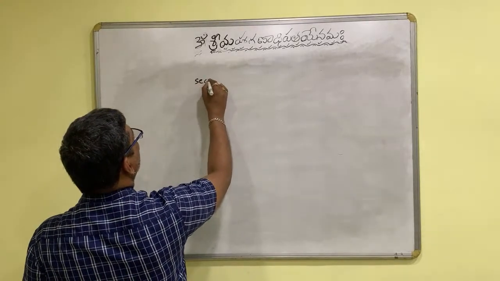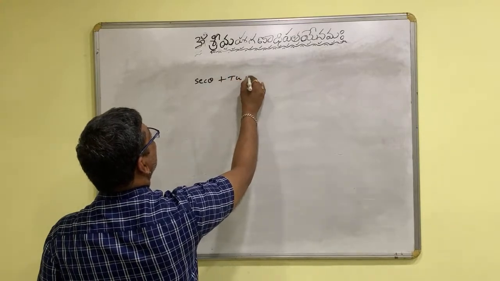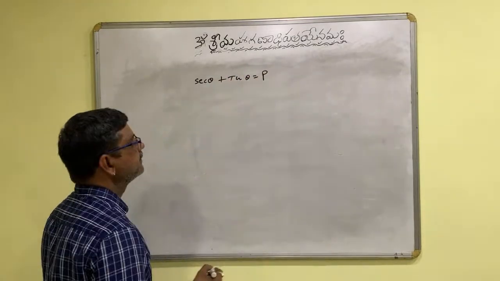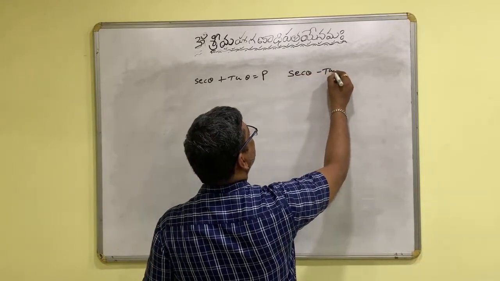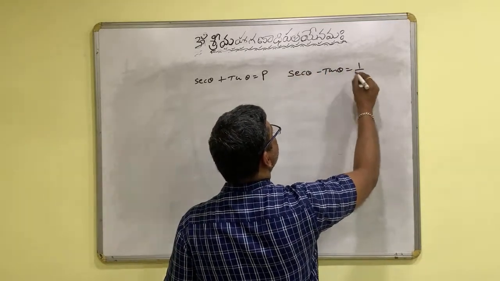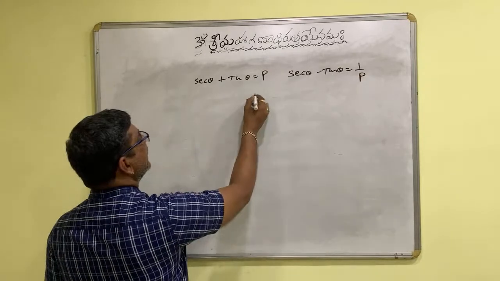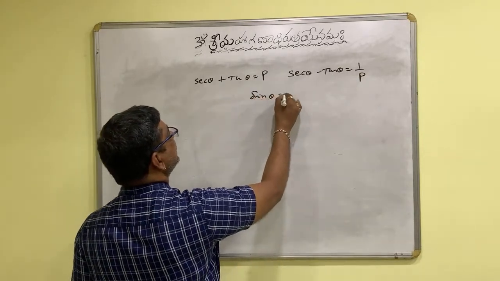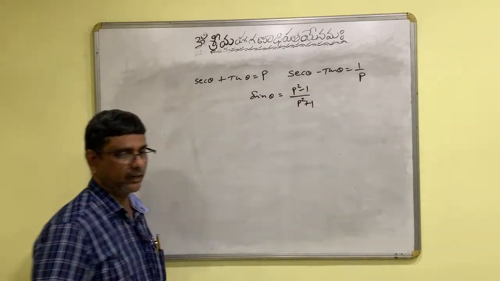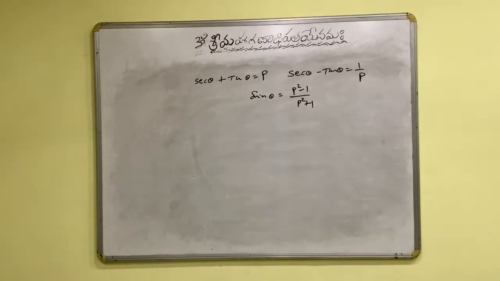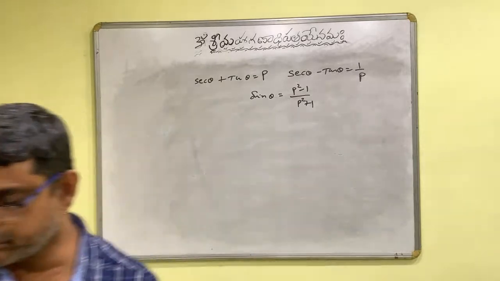Secant theta plus tan theta is equal to P. Secant theta minus tan theta is equal to 1 by P. Then prove that sin theta is equal to P square minus 1 by P square plus 1. Prove that, not find. Very, very good question. Beautiful question.